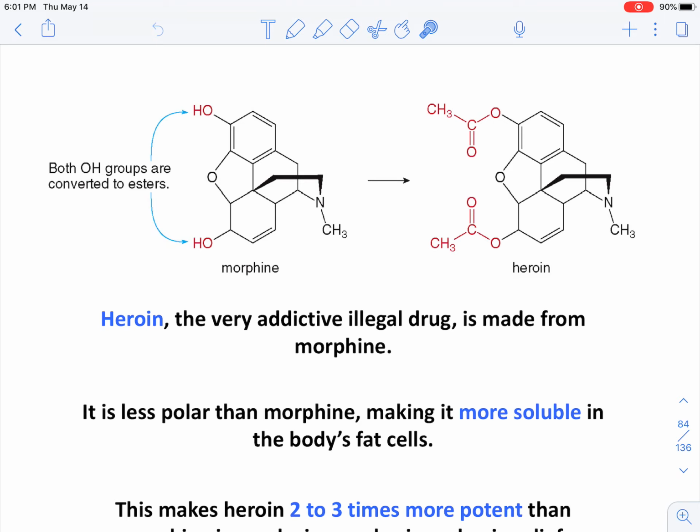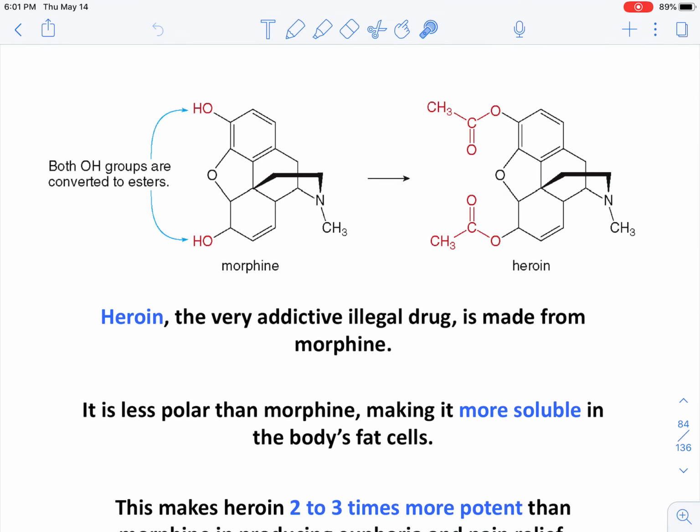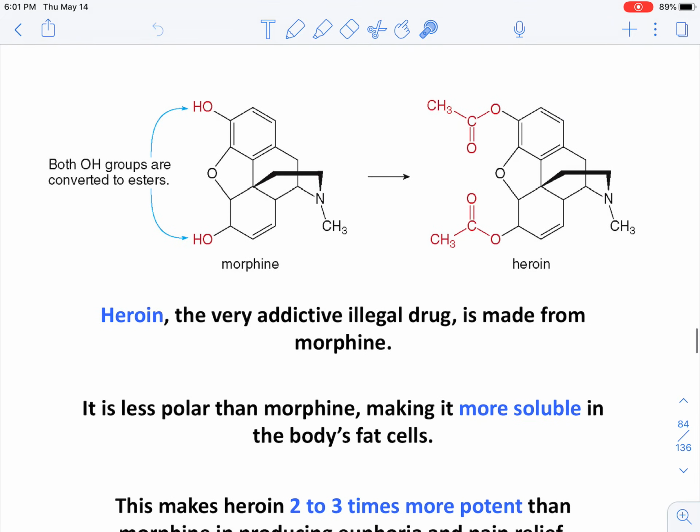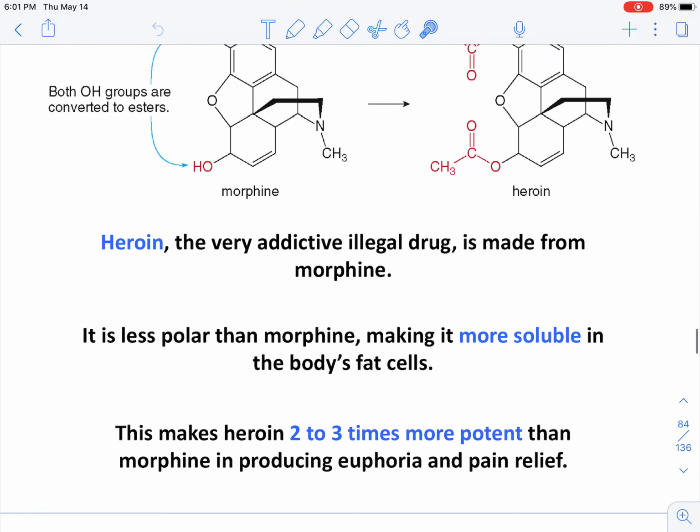If you recall how to make esters, it's usually through a carboxylic acid and an alcohol. If you have a pure substance of morphine and you let it undergo some type of esterification reaction, you can convert morphine into heroin. So overall, please don't do that.